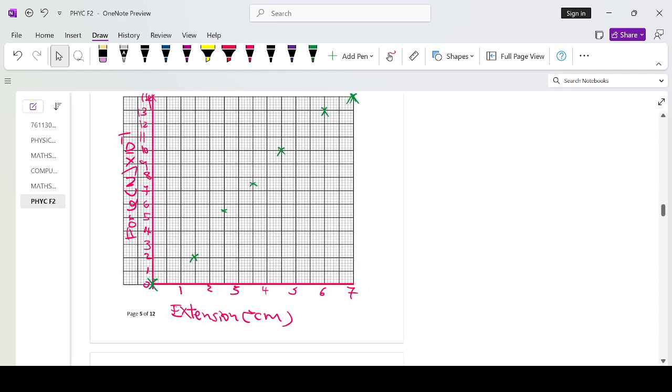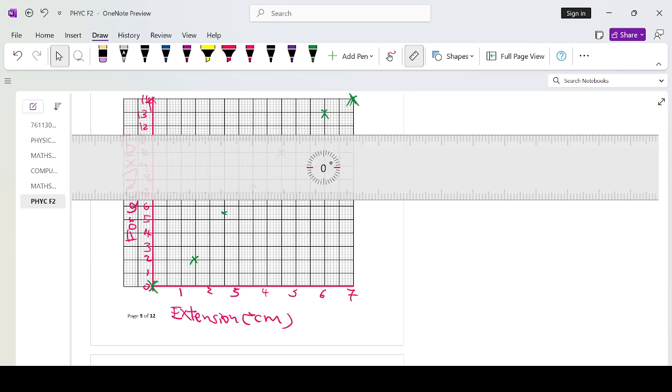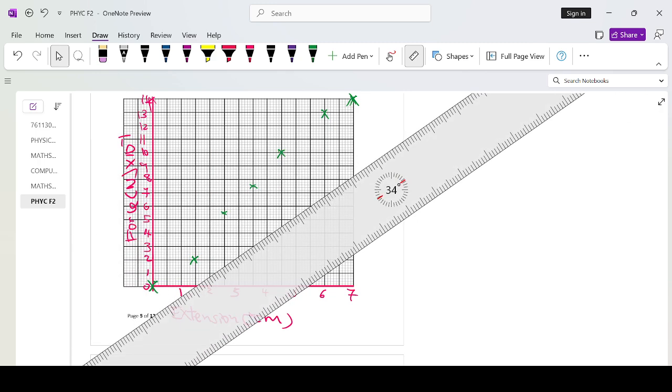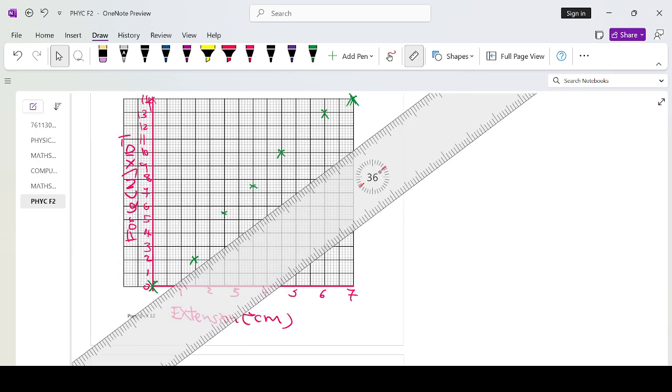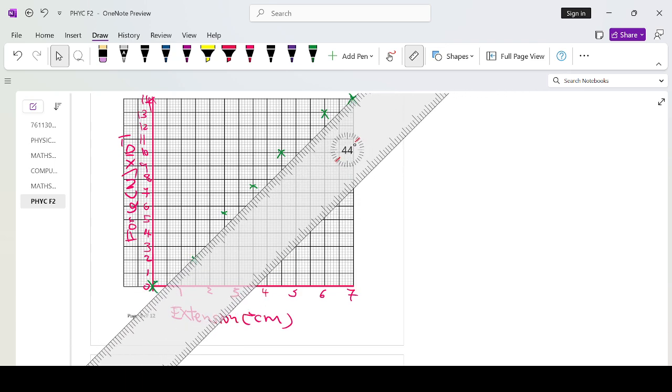Learners, because it's a practical that was done, don't expect all the points to be on a straight line, but when you draw your line, make sure it's passing through at least 3 points. You know that a graph of force against extension should be a straight line passing via the origin. So with the help of a ruler, let's have it positioned. Let's see how it will pass through most of the points.